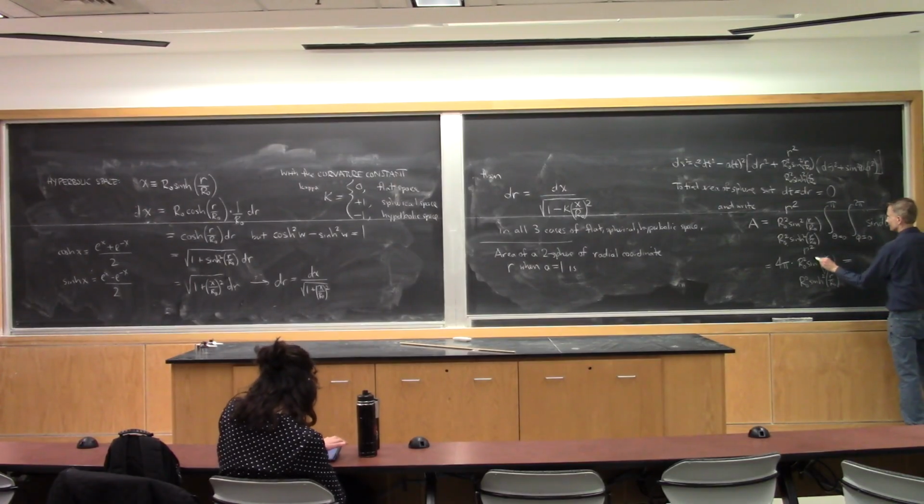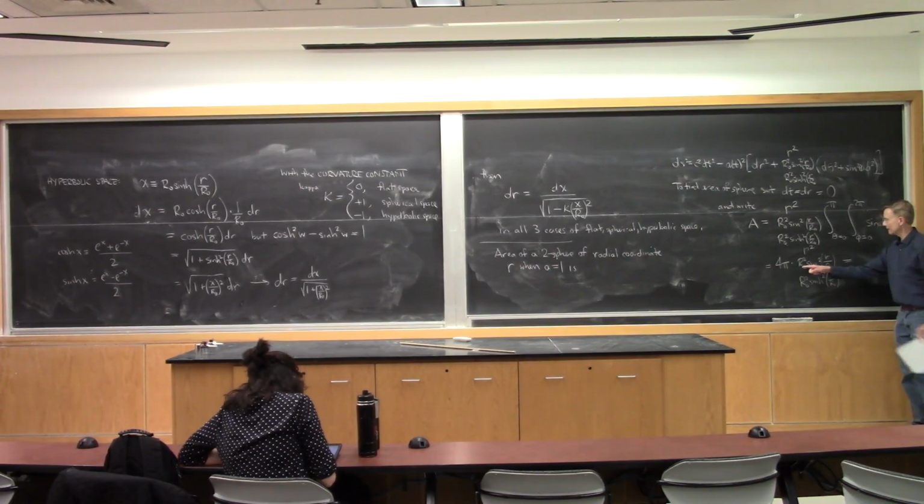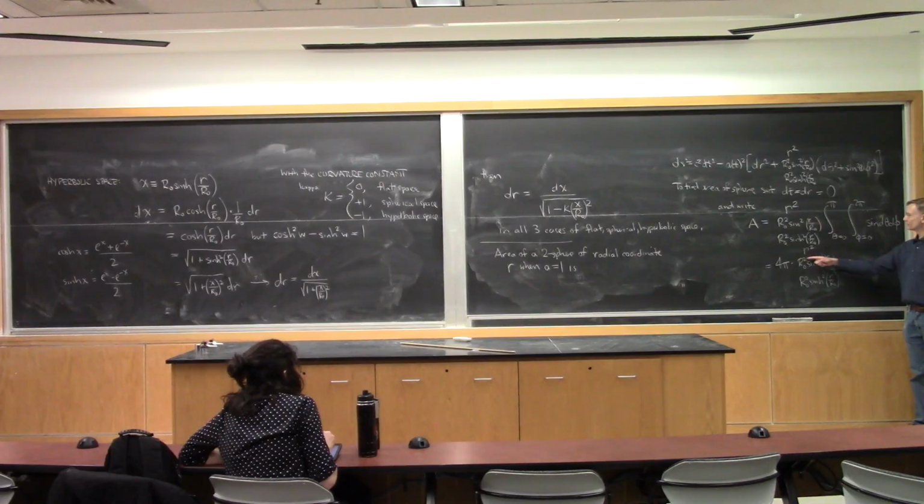Meanwhile, notice, if I'm in spherical space, what variable did we say we were going to make this? That's x squared, right? If we're in hyperbolic space, what variable is this? x squared. And if we're in flat space, what variable is this? Still x squared. Because in flat space, x is r, because r naught's infinity.